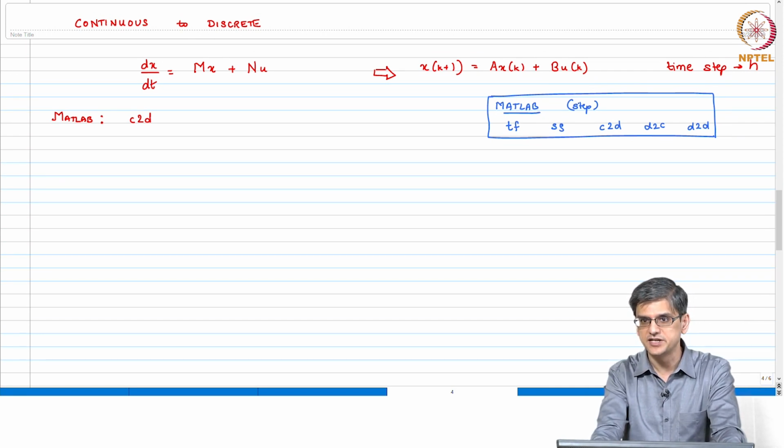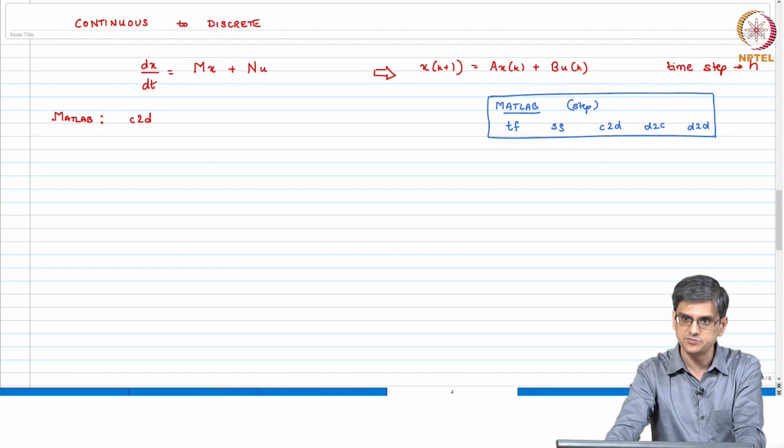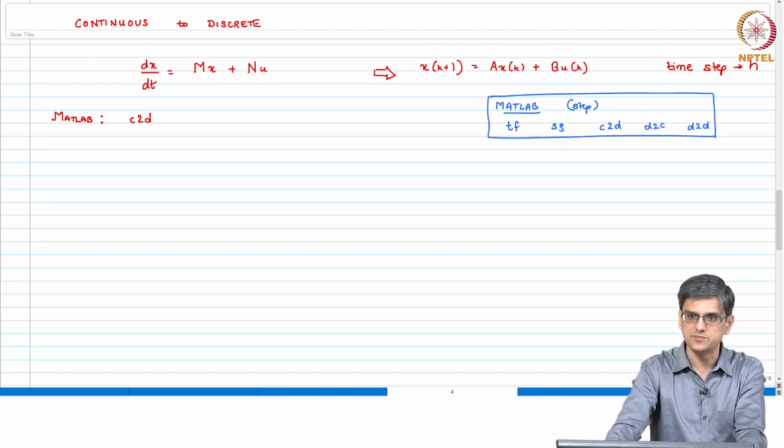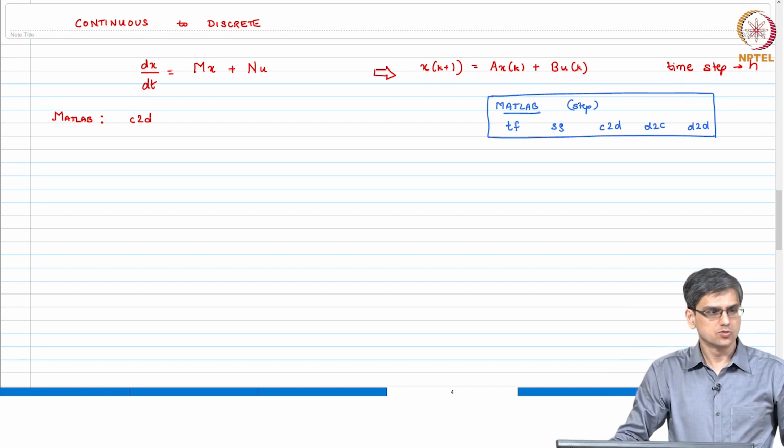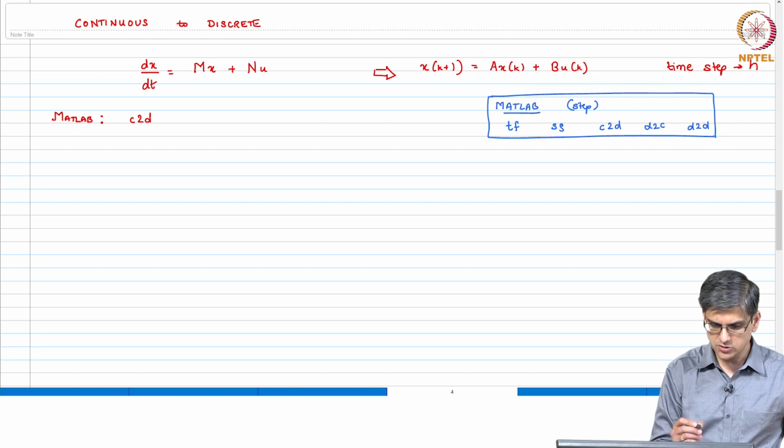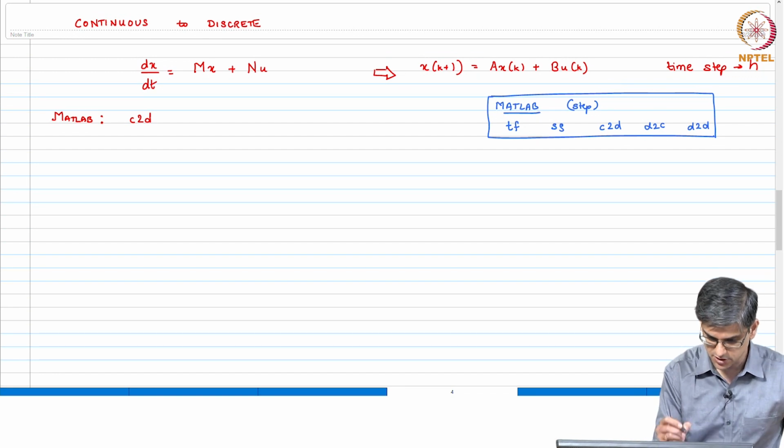Resampling of a discrete time system. So, for example, you have x_{k+1} equal to a x_k plus b u_k sampled at the rate of once every second, and you want to resample it at the rate of once every 2 seconds. Okay. So, let us talk about scalar, we will use another color.